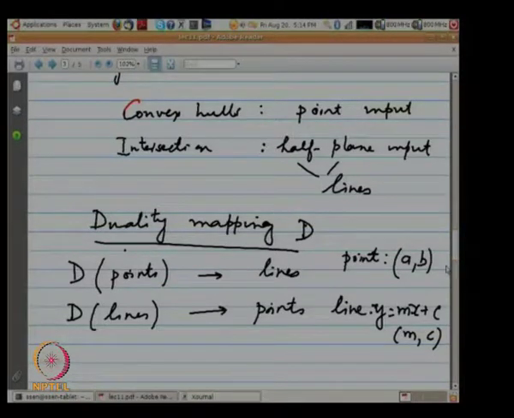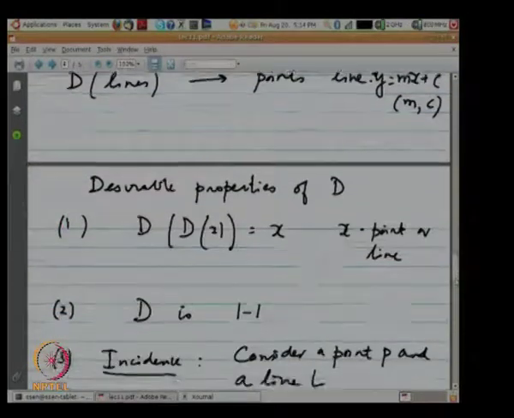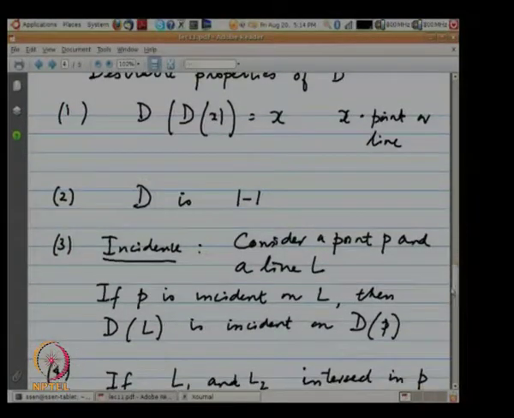So, we just hypothesized that there is this duality mapping D, which maps points to lines and maps lines to points, such that these properties are satisfied.